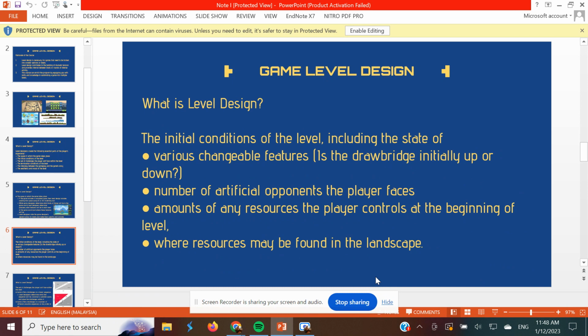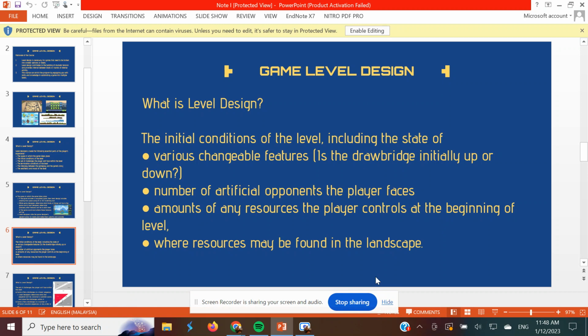Other than the buildings, you must plan how your character needs to be built, in terms of the way they think, the way they get knowledge, the way they manage diplomacy, for example, and that includes the number of artificial opponents the player faces.